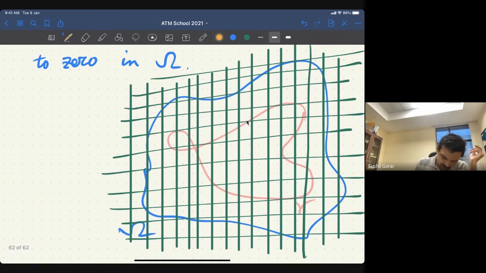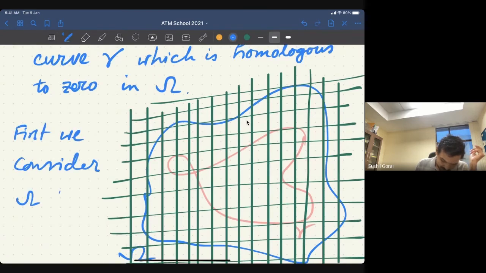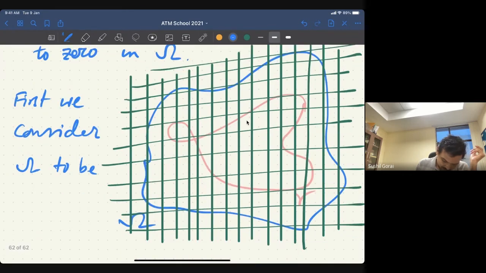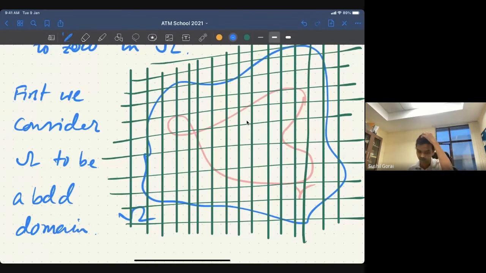So we first consider omega to be a bounded domain. Omega can be unbounded as well, so we'll argue that later.